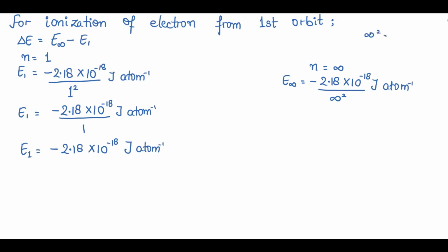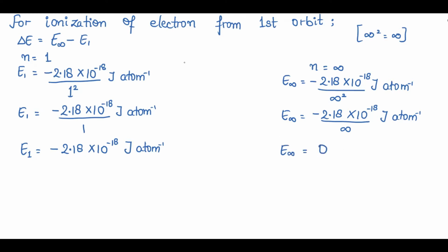We have done it before, right? So E infinity equal to minus 2.18 into 10 raised to power minus 18 by infinity. If you are dividing something with infinity, definitely it will be 0. So E infinity equal to 0, right?